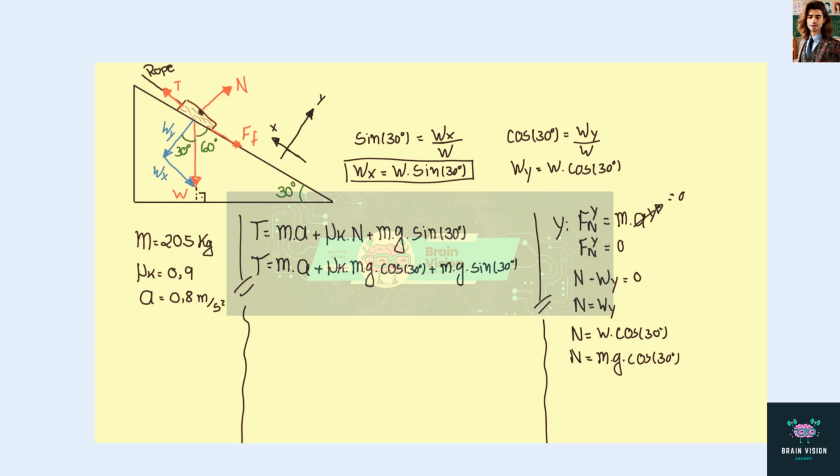Now plugging in the values given by this problem, we get that the tension force is equal to 205 times 0.8 plus 0.9 times 205 times 9.8 times cosine of 30 plus 205 times 9.8 times the sine of 30. And this gives us a tension force of approximately 2,730 newtons.